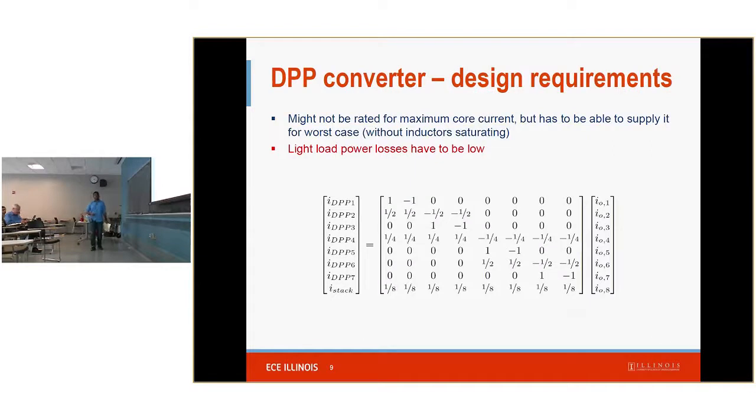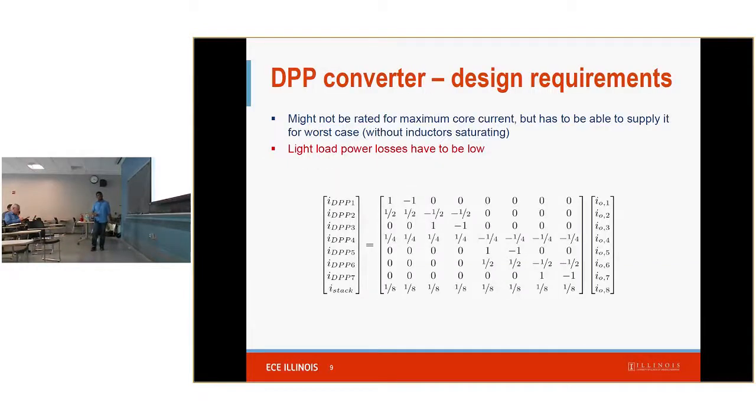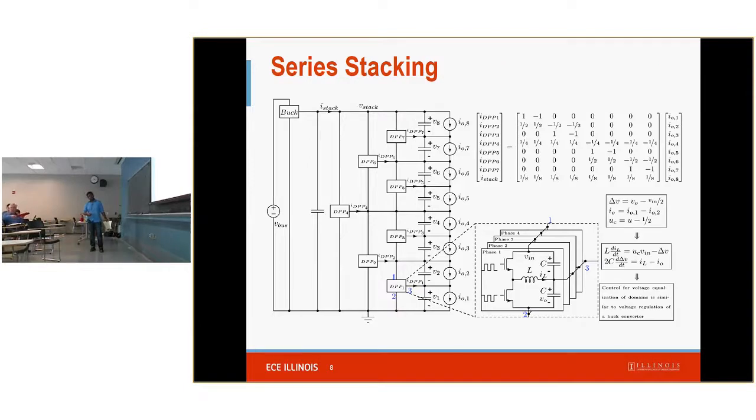So to get the most out of differential power processing, or stacking, we have to ensure that our DPP converters have very good light load performance, as in their light load power losses have to be very low. So how do we implement a good light load efficiency optimization control for our DPP converters, which look like this?